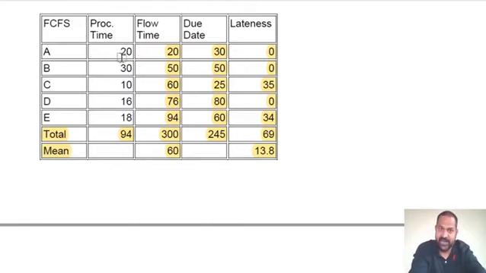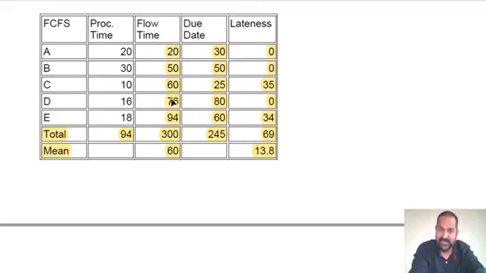It takes 20 days. 0 plus 20 is 20. At 20, I pick up job B. 20 plus 30 is 50. At 50, I pick up job C. 50 plus 10 is 60. At 60, I pick up job D. 60 plus 16 is 76.